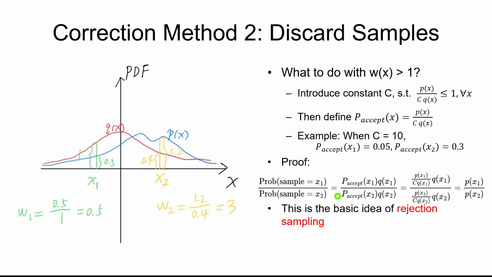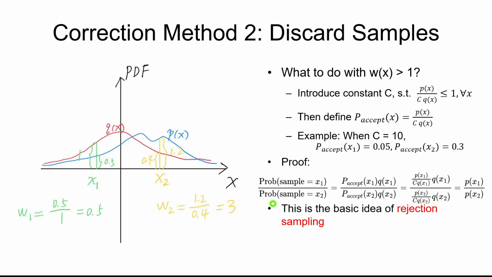Okay, so by doing this, we can still show that the following condition holds. The ratio of the probability of getting x1 versus x2 equals the probability of accepting x1 times the sampling probability q(x1). So this part equals p(x1) divided by c q(x1) times q(x1), which is proportional to p(x1).